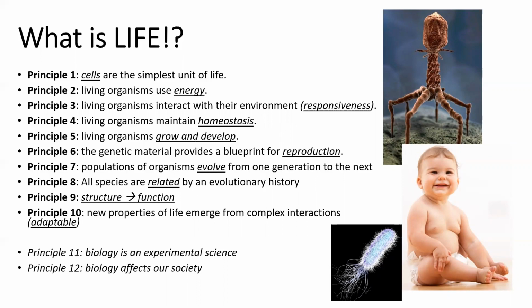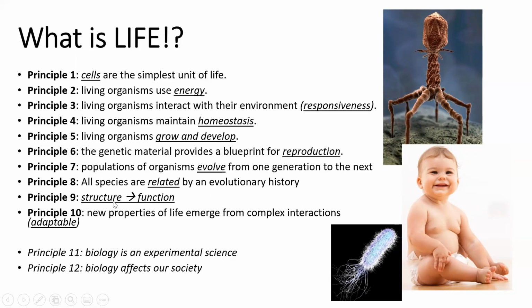Seven, populations of organisms evolve from one generation to the next. Principle 8, all species are related by an evolutionary history. We're going to talk about that throughout the semester.